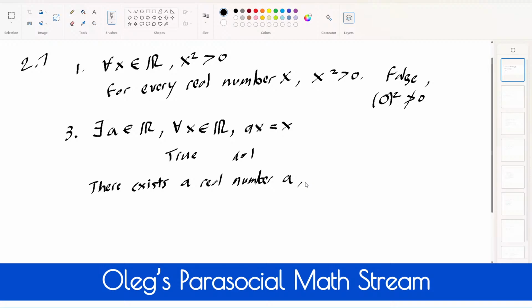For every real number x, such that A times x is equal to x. Or we could have just left it at the comma, but that's fine. And yeah, we already answered the truth of it. Okay.